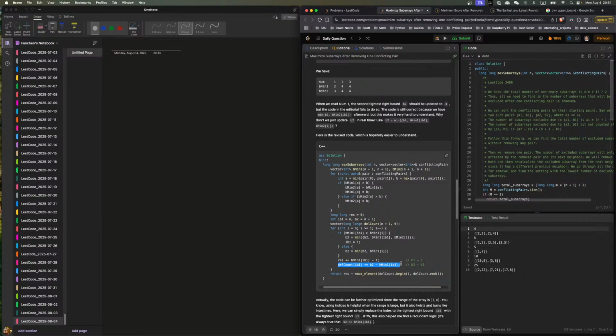Basically, if it's not the scenario, right, then this will be the smallest. Hold on, let me think again.